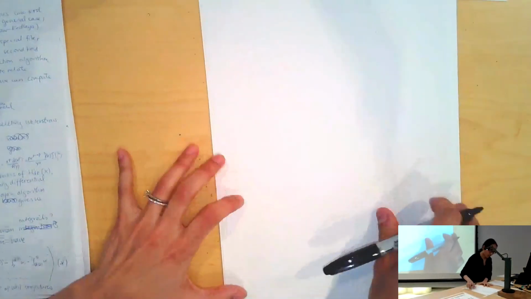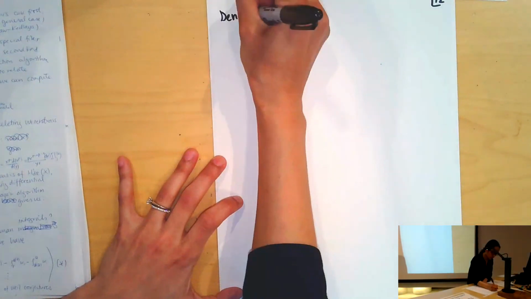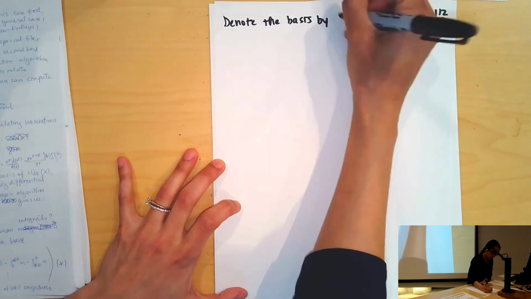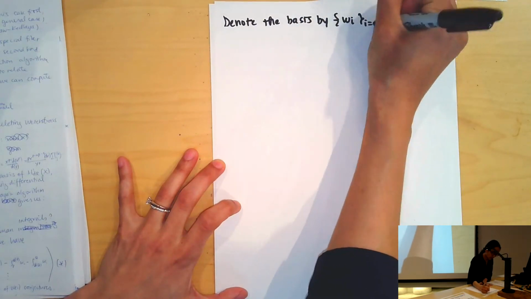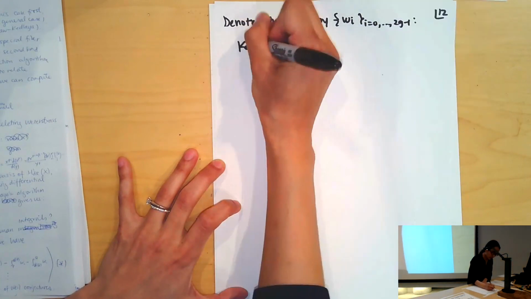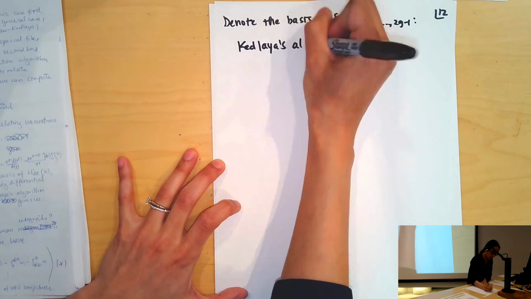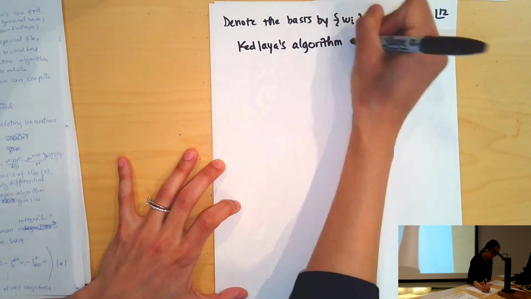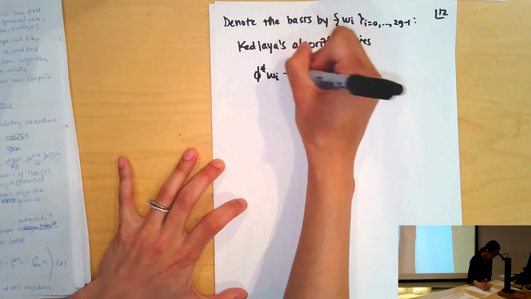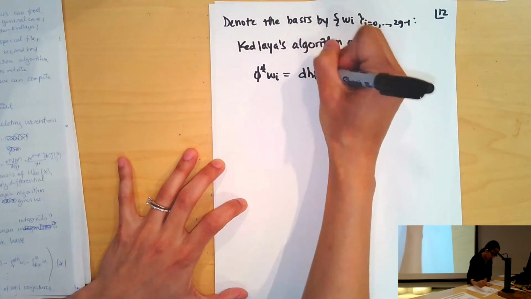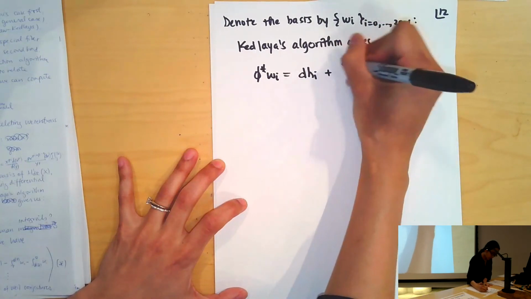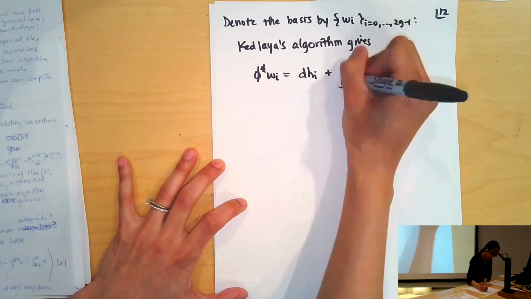Okay, so if we denote the basis omega i from 0 to 2g minus 1, then what Kedlaya's algorithm is going to give us is that after we reduce pole orders in an algorithmic way, we have some expression, so some exact thing, some dh_i, plus a linear combination of our basis.